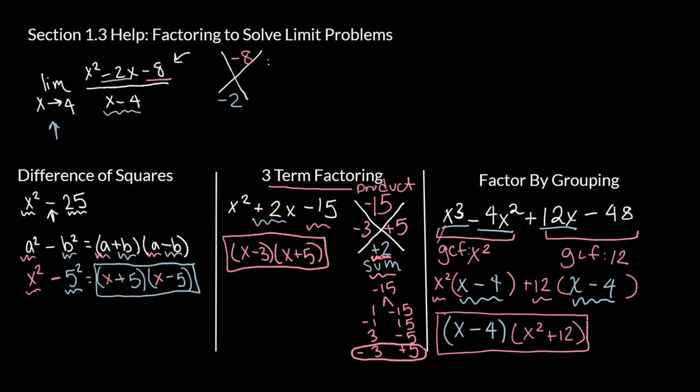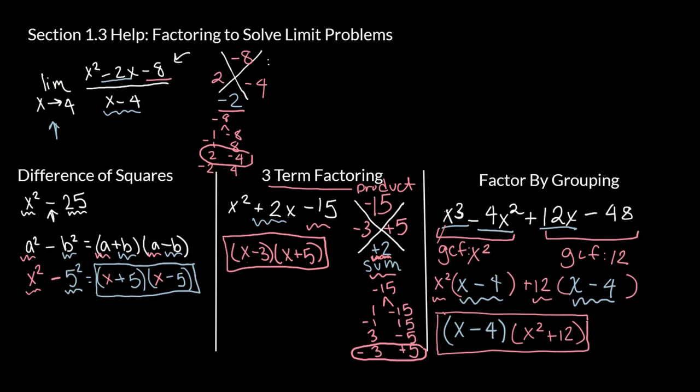So I'm going to list out the factor pairs of negative 8. And again, since it's negative 8, we have a positive and a negative. So positive 1, negative 8, negative 1, positive 8, positive 2, negative 4, negative 2, positive 4 are the pairs of numbers that multiply to negative 8. And now we want two numbers that sum to negative 2. So that is these two numbers, 2 and negative 4.